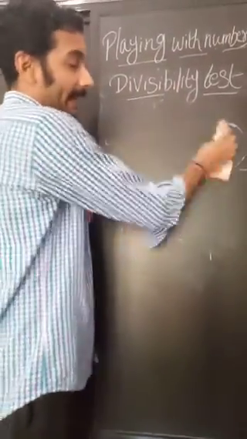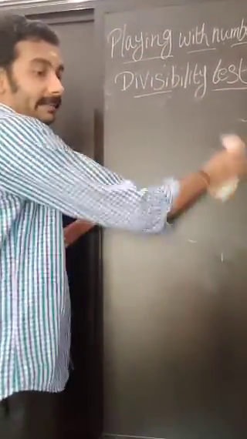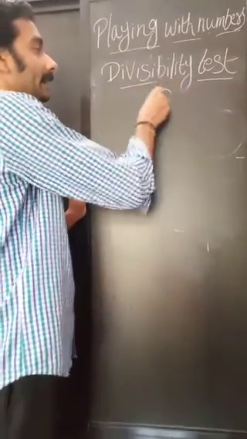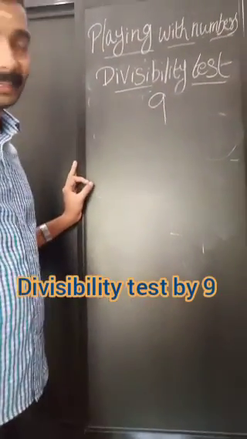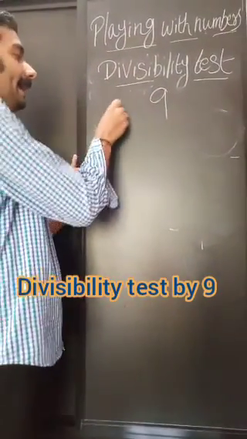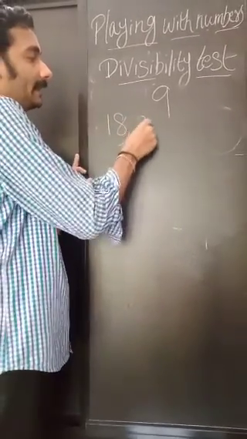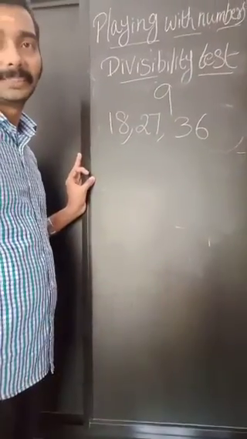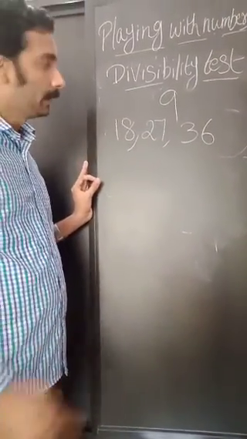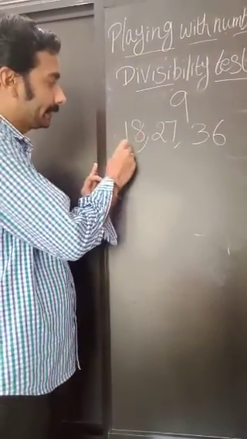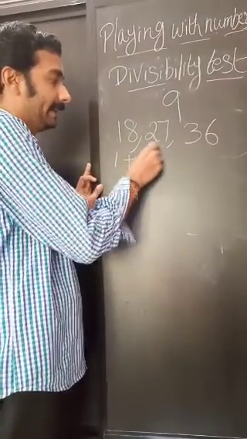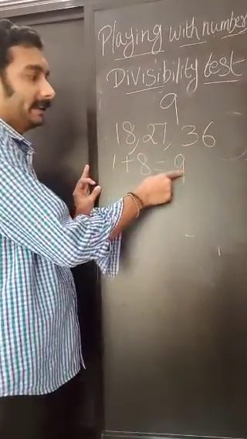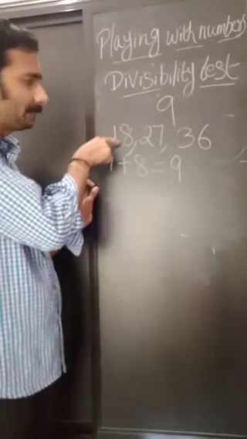Then another one is divisibility test by 9. 18, 27, 36 are the examples. You add 1 plus 8, which is 9. That means 18 is divisible by 9.